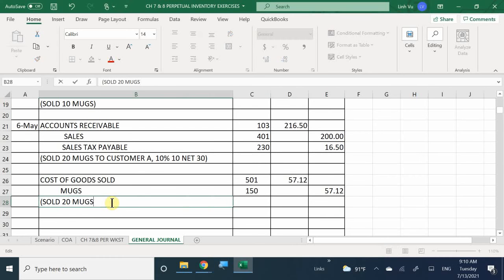My note says I sold 20 mugs to customer A, because what if customer A decides to return items to me? Then I know exactly where to place it back.